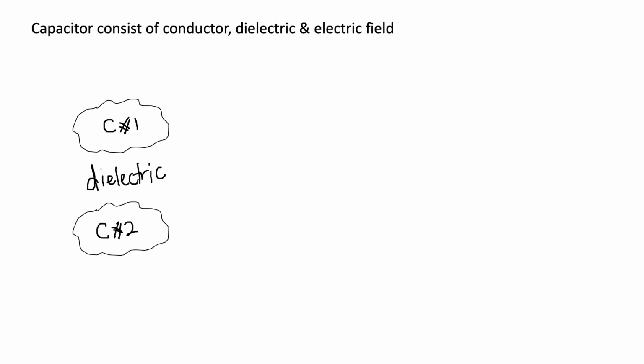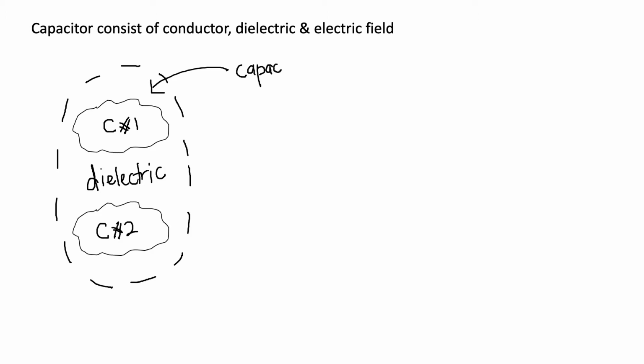Now when we have this kind of condition, where we have a conductor and dielectric at the same time, we can call this condition a capacitance. This is what I mentioned previously.